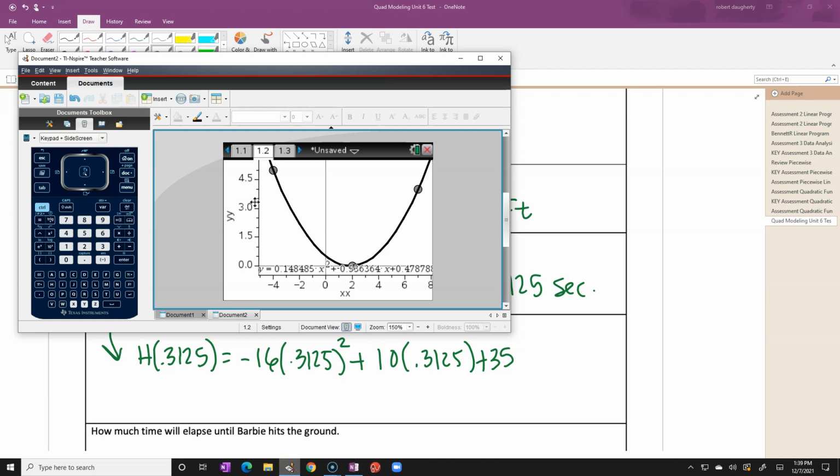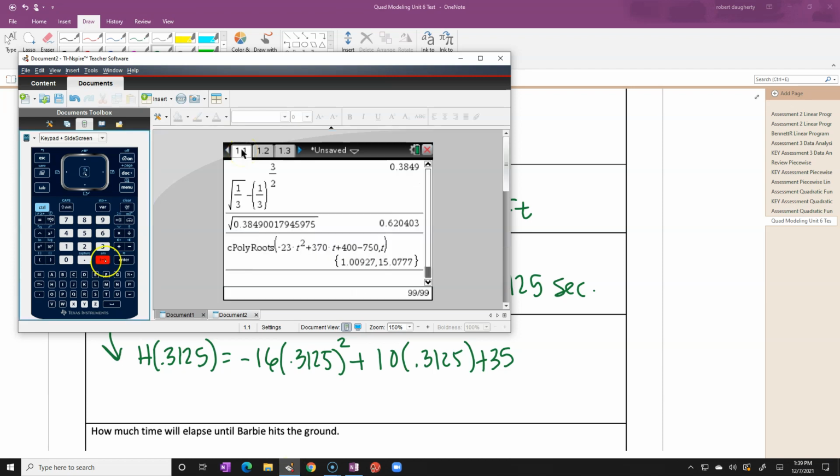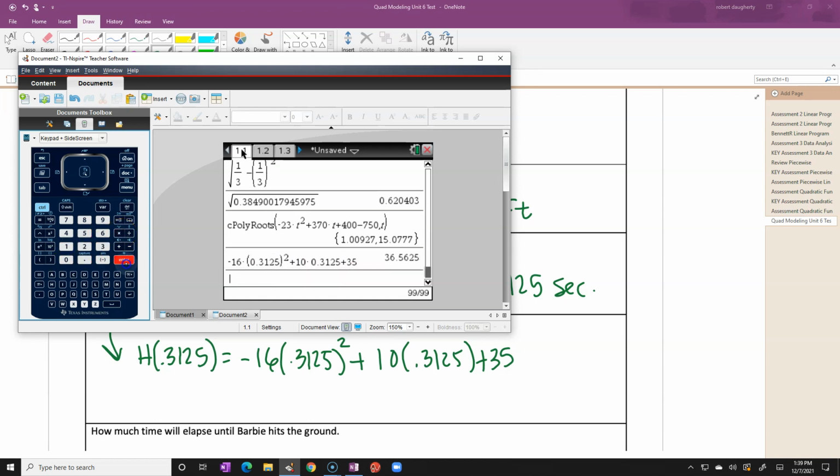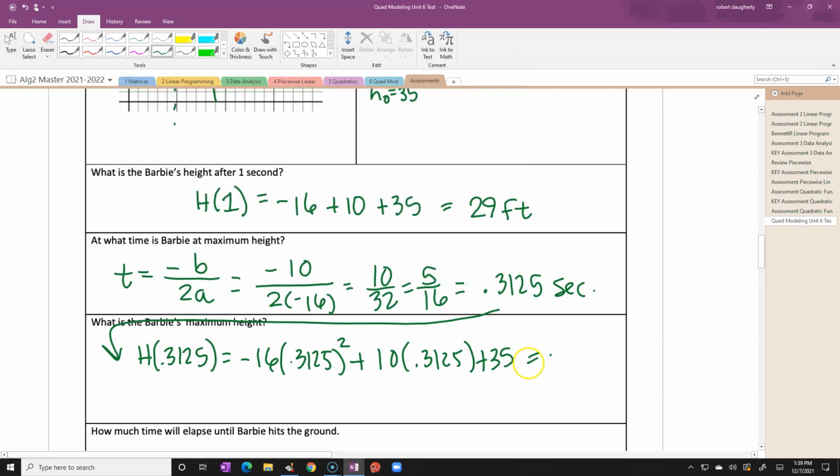So on a calculator page, we do negative 16 times 0.3125 squared plus 10 times 0.3125 plus 35. And I get 36.56. So this is 36.56 feet.